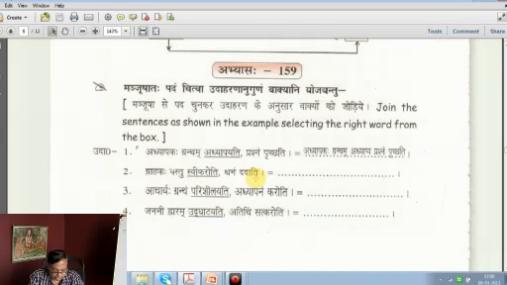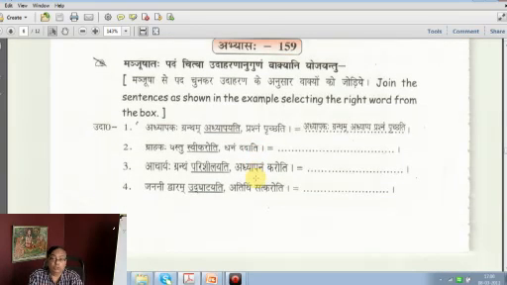So we go to the next one. Acharyaha grantham parishilayati. Adhyapanam karoti. A teacher examines the book and he teaches. So this becomes Acharyaha grantham parishilya. After having examined the book, a teacher or a professor, then he teaches. So parishilayati becomes parishilya.